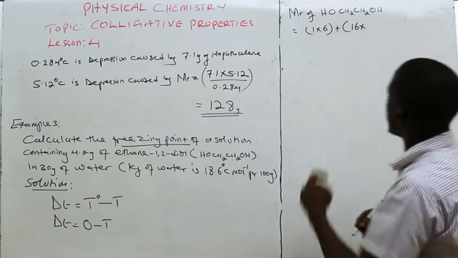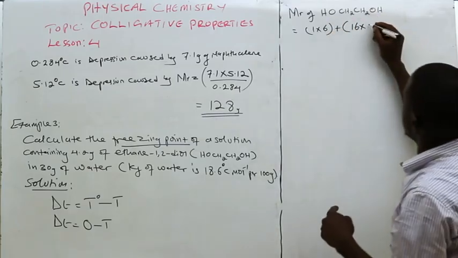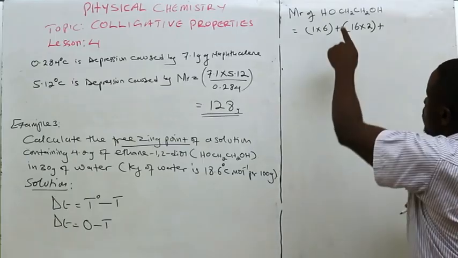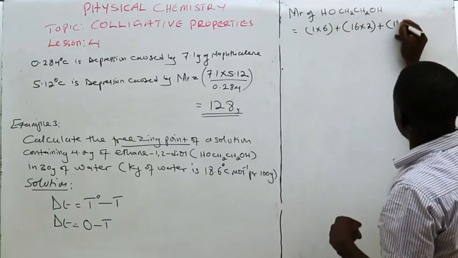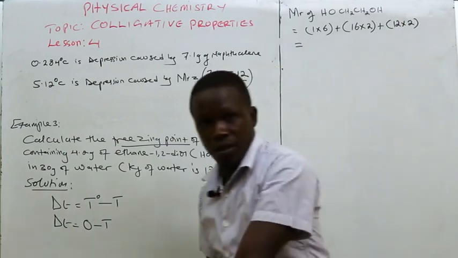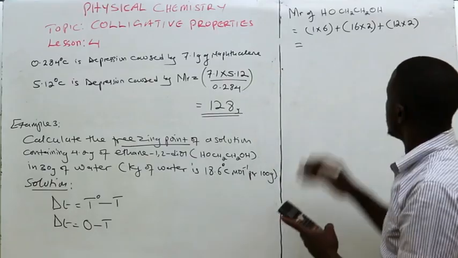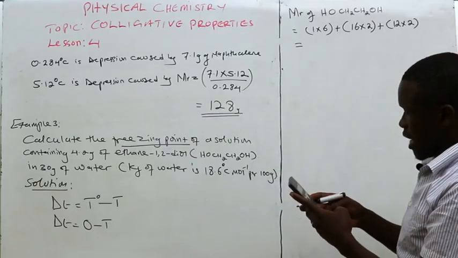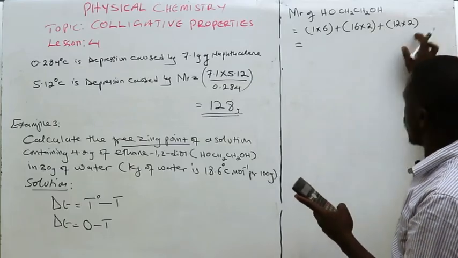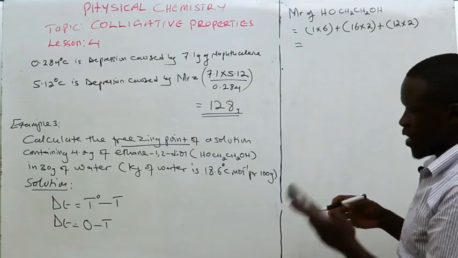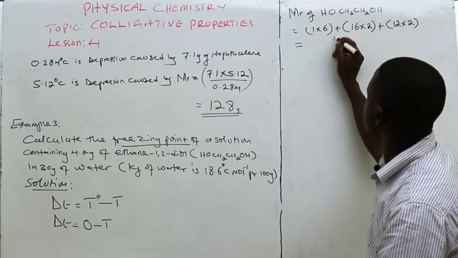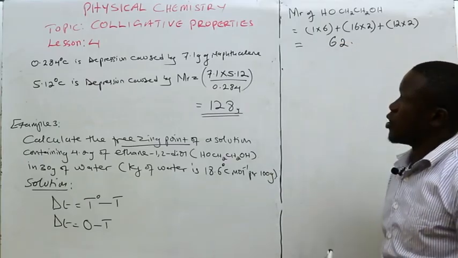How many are they? 1, 2. So these are 2. Carbon atoms are 2. Each of them is 12, but there are only 2. So what is the molecular mass? The molecular mass is 6 plus 32 plus 24. The answer is 64. I mean 62. The answer is 62.